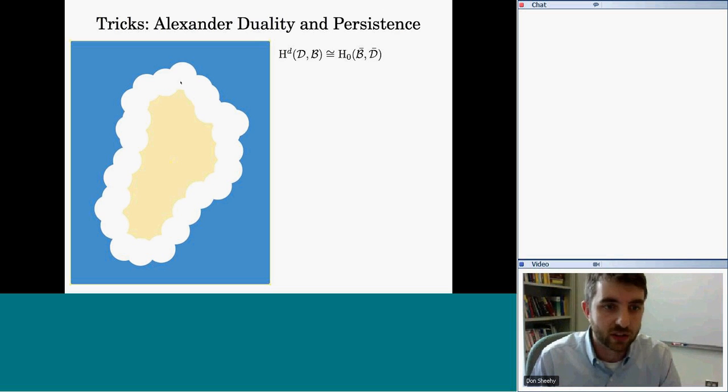In this picture, the blue is the complement of the domain, and B is the boundary, and the white, say, is our boundary.